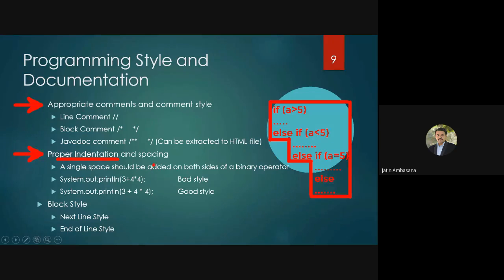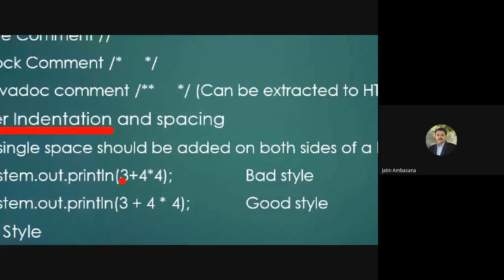Appropriate spacing should also be given. For example, if you write an expression like 3 * 3 + 4 * 4, it's better to give some spaces in between so that the whole expression is readable.